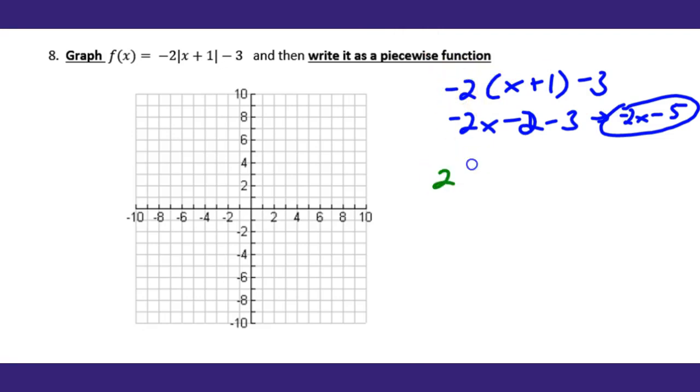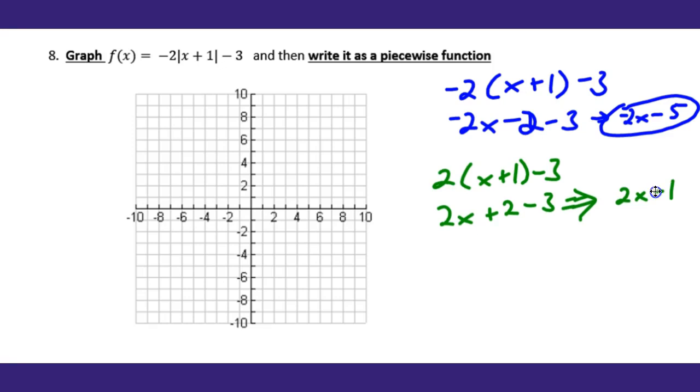So I'm going to write it right here, 2 times x plus 1 minus 3, because it's absolute value. So we need to solve it, one positive, one negative. When we distribute this 2, it gives us 2x minus 1. There's the other equation.